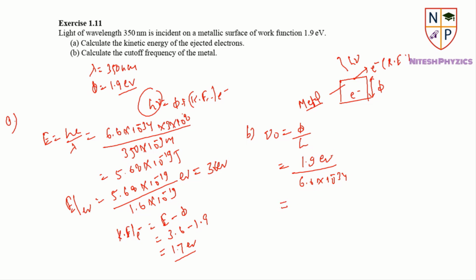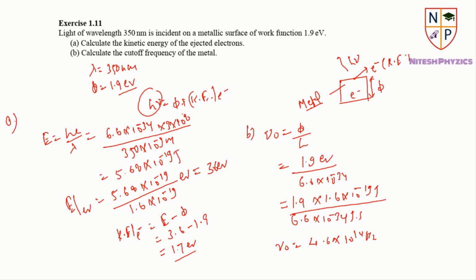You can convert electron volt into joule by multiplying by 1.6 into 10 to the minus 19 joule. So 1.9 into 1.6 into 10 to the minus 19 joule upon 6.6 into 10 to the minus 34 joule second. From here we can calculate the value of nu naught as 4.6 into 10 power 14 hertz. So like this we calculated the kinetic energy of the ejected electron as well as the cutoff frequency of the metal.